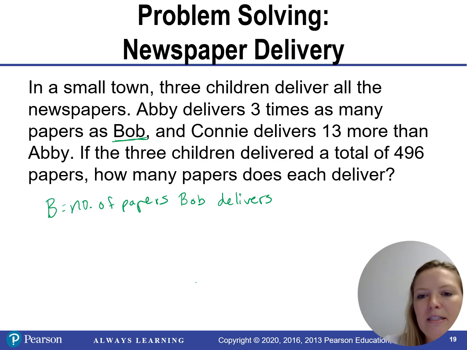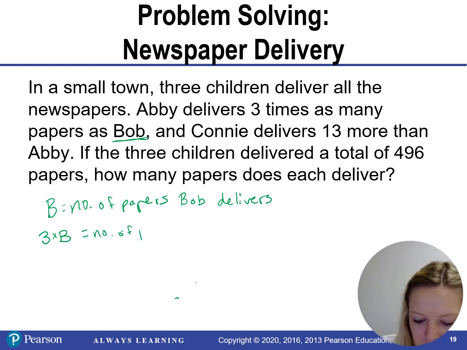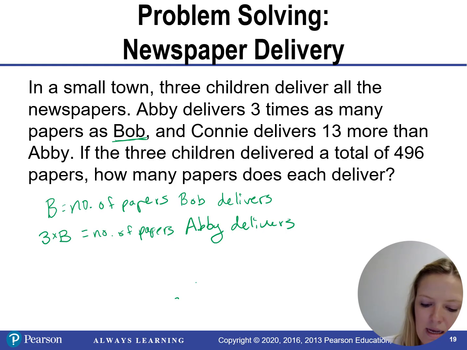Then we know Abby delivers 3 times as many papers as Bob. So Abby is going to be delivering 3 times B. That's the number of papers Abby delivers. And then we know Connie delivers 13 more papers than Abby.